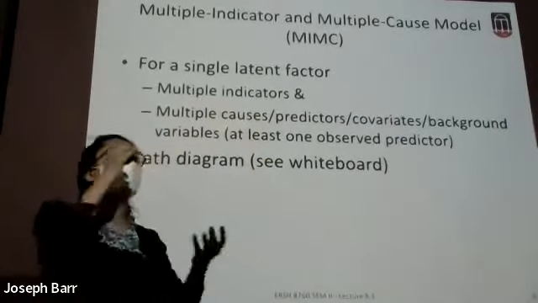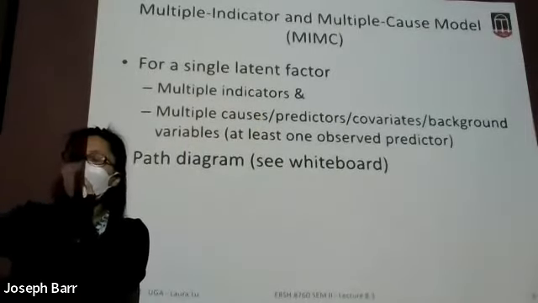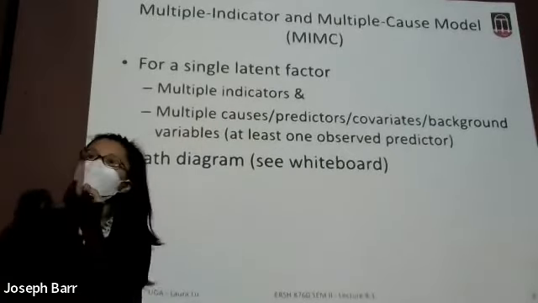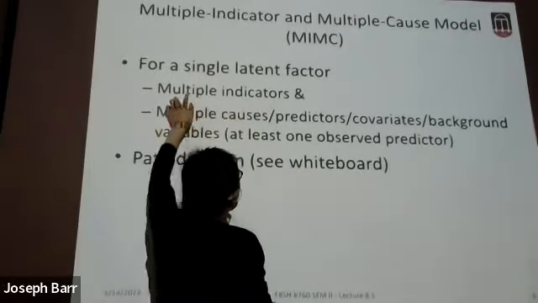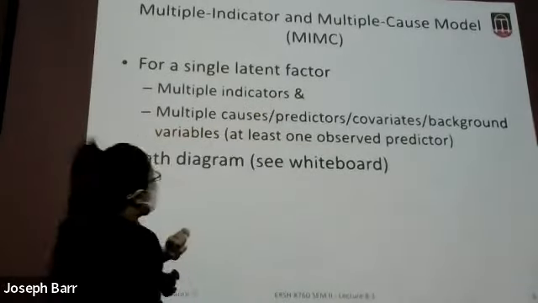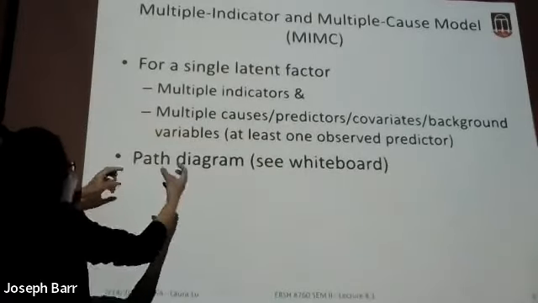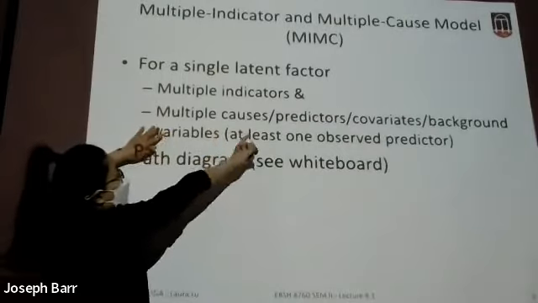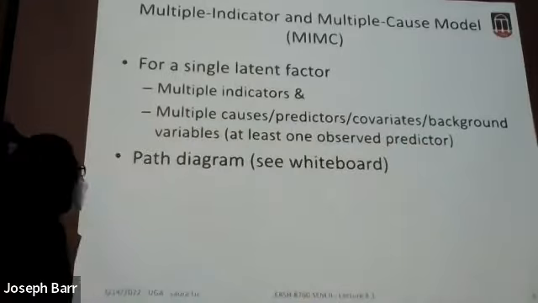Multiple indicators means a latent variable is measured by some observed variables, some items. At the same time, it has multiple causes, multiple predictors, covariates, background variables.